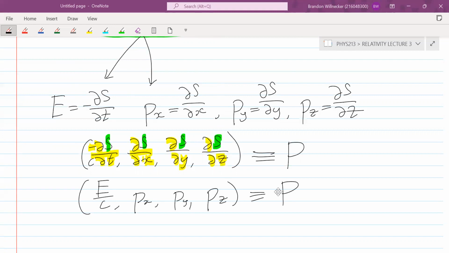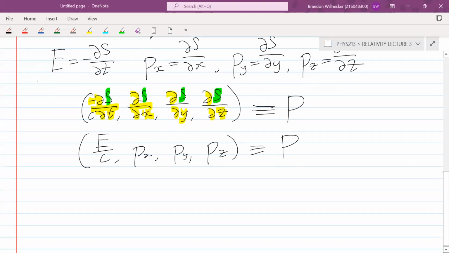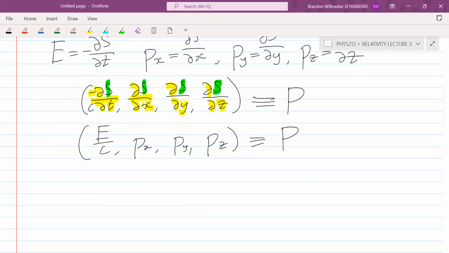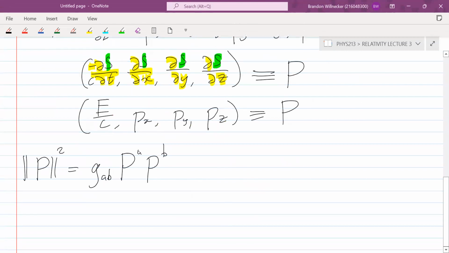That's quite similar to working with the 4 velocity. Now we've got it in vector form, we would like to work out the magnitude of this vector. What is the length or the magnitude of this 4 momentum? We do it very similar to how we do it for the 4 velocity, or should I say how you'll do it for your homework. We have that the magnitude of P squared is given by g_ab P^a P^b, and we know the metric, that's just plus, minus, minus, minus.